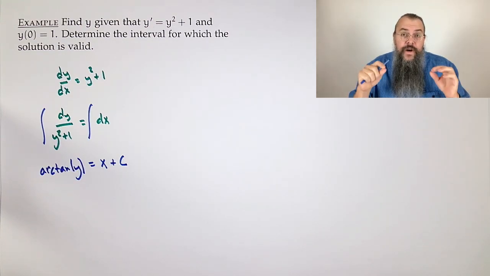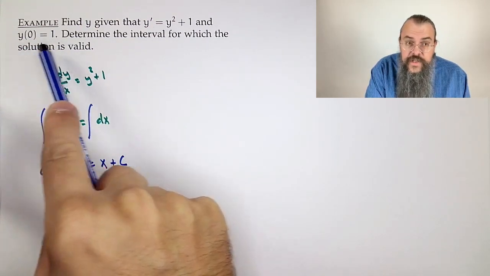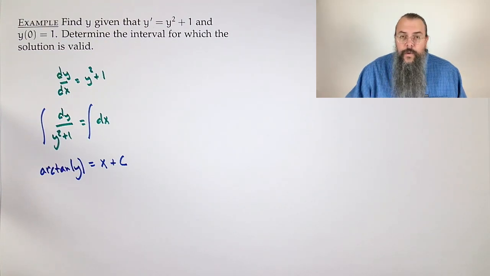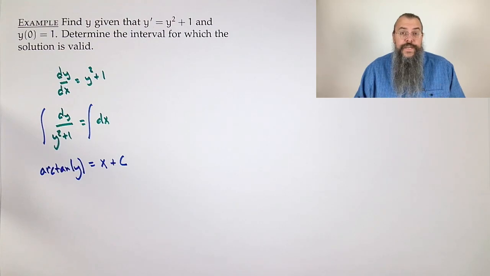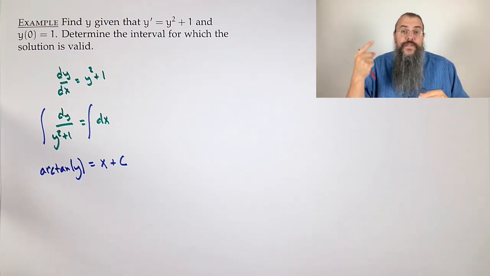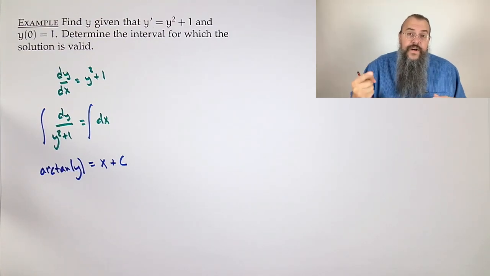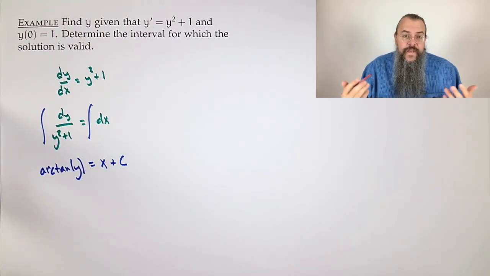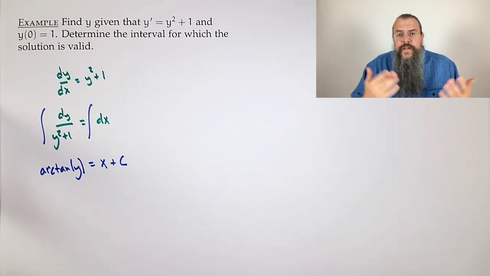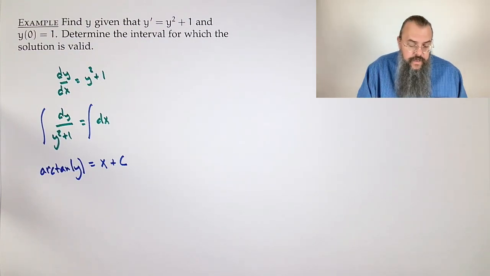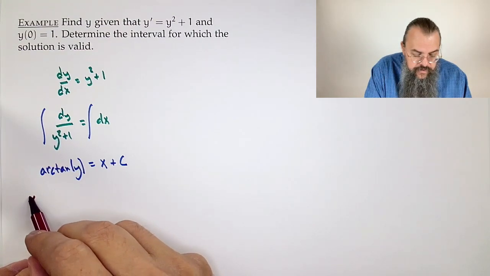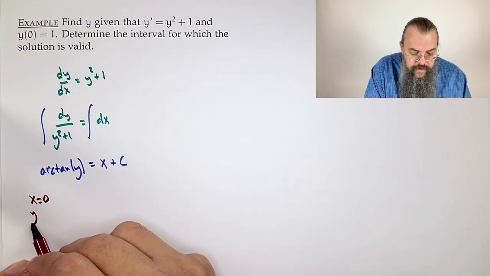Now, in this case, we will solve for c because we are given an initial condition, y of 0 equals 1. So that means we need to figure out what is the appropriate choice for c. Now, you can always solve for c first and then solve for y, or vice versa. It just depends on the context. In this case, let's go ahead and solve for c right now. Well, we say, look, when x equals 0, we'll have that y equals 1.